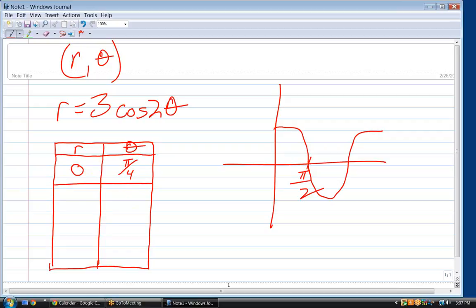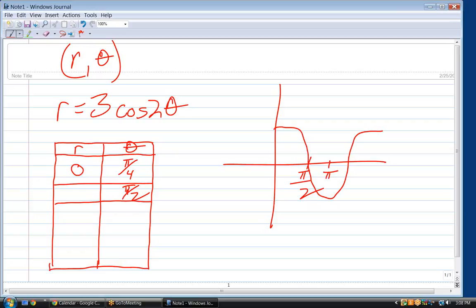Okay. What's the next one? Do they give you theta values? They give us theta values. Okay, what's the next theta value? Pi over 2. What is 2 times that? 2 times pi over 2 is what?